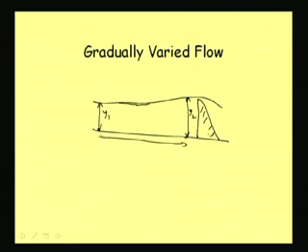This reach is very long, so slowly or gradually it is changing, and this sort of flow we call gradually varied flow. In fact, in a practical case when you see this sort of flow, you will not be able to realize just by seeing the flow that there is a change in the flow depth.